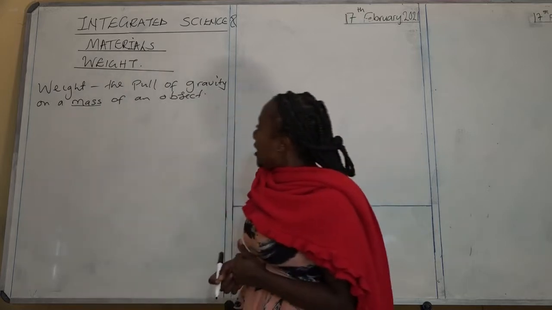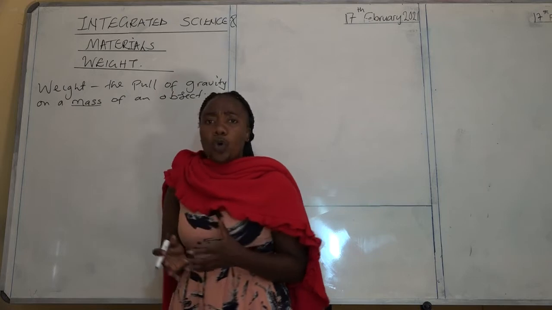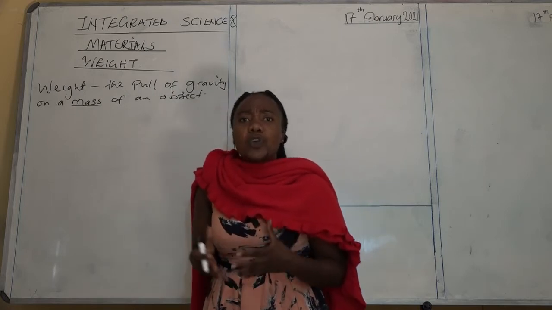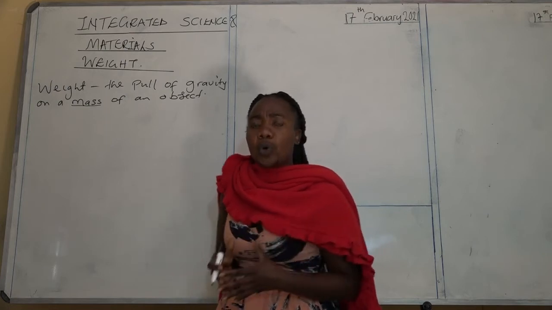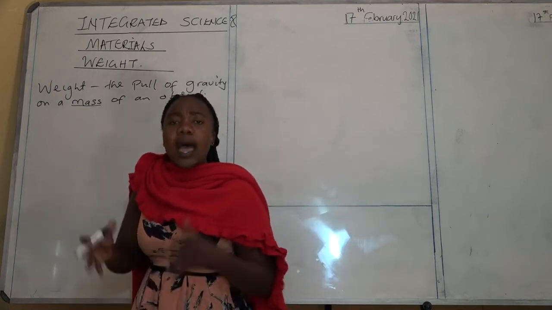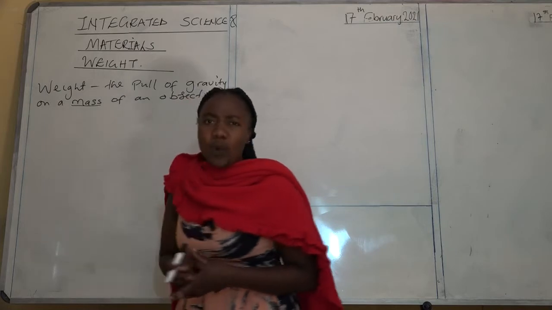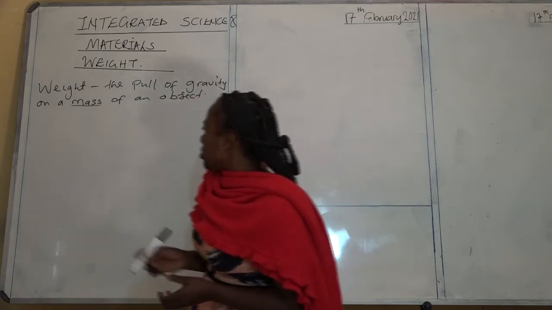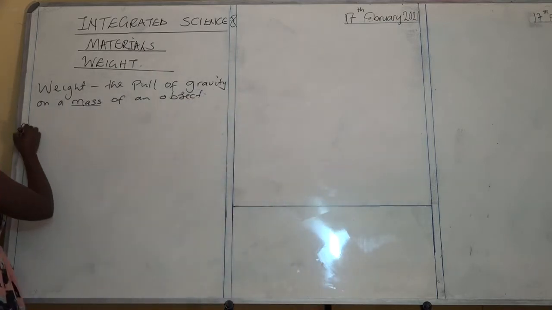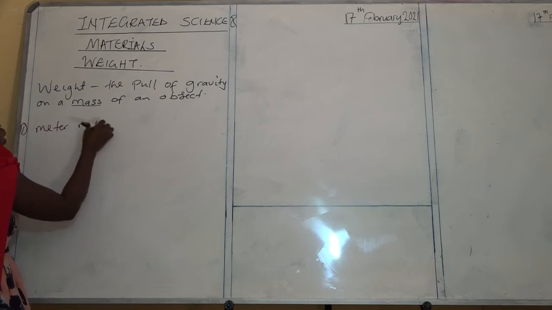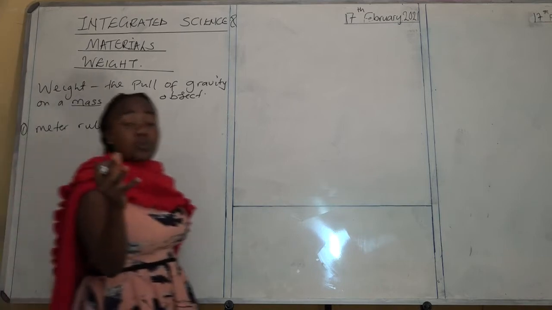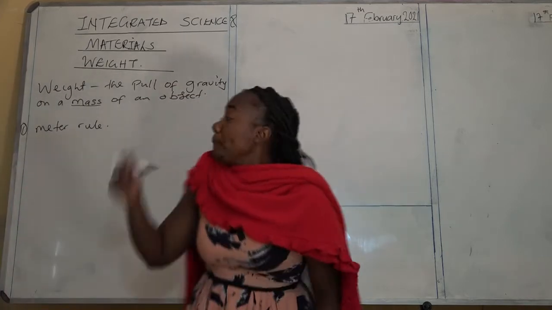So after defining weight, we need to know what instruments are used to measure weight. Are we together, class? What instruments are used to measure weight? The first instrument we have is a meter rule. A meter rule is an instrument that is used to measure weight.